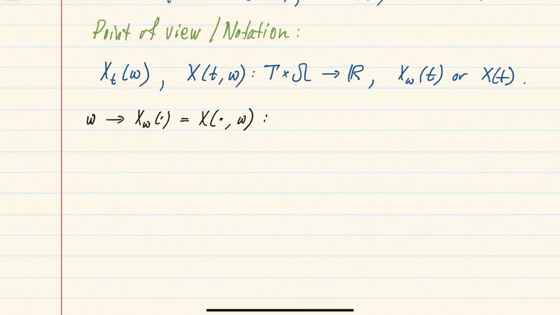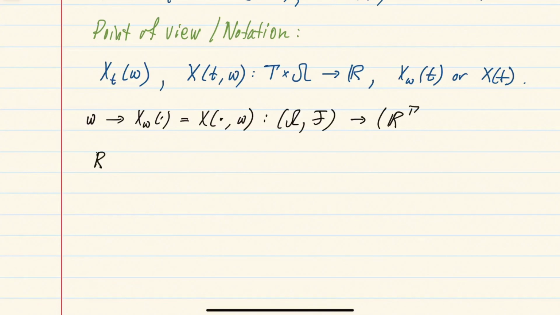Okay, so this is just a map from our probability space with a sigma algebra F to a space of functions on T, right? And the space of functions on T is denoted R^T.